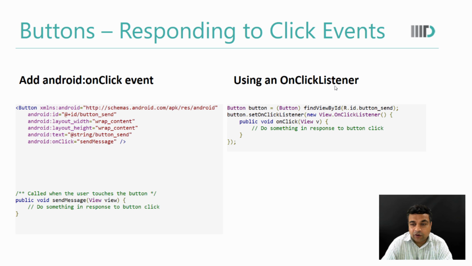Another way is to use an on-click listener. This is what we did in our program. So we have a button. On that button we attach a listener. That listener then uses the callback method, in which we define the functionality that happens when the user clicks that button.